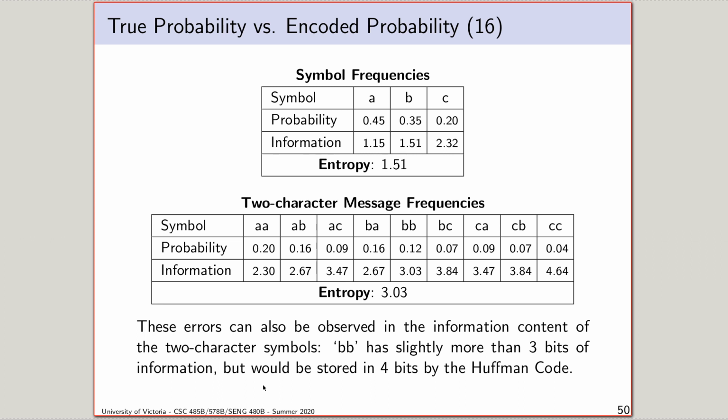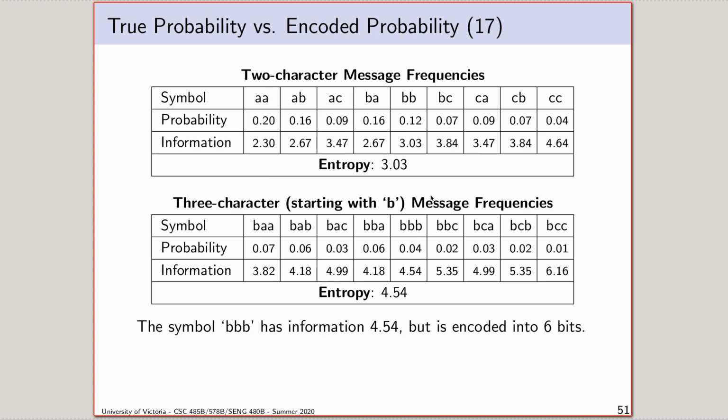The information content of 2 B's is 3.03. The information content of 1 B is 1.5. So the problem here is that this would still round up to 4 bits. But think about it. 3 B's might be representable in 5 bits, or might have information content between 4 and 5, whereas 3 B's with Huffman coding would be encoded into 6 bits.